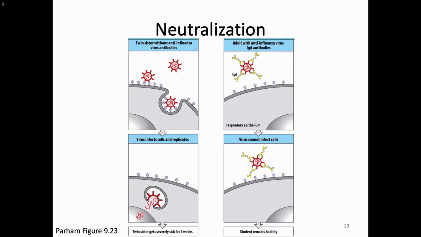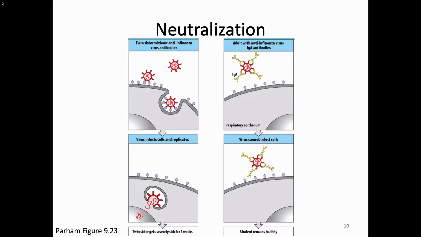If, however, there are antibodies present that are able to perform neutralization, those antibodies can bind to the microbe and physically block that microbe from interacting with its receptors and getting into the cell. Neutralization is basically binding to the microbe. It's not binding to the cell. It's binding to the microbe and physically blocking further interactions.